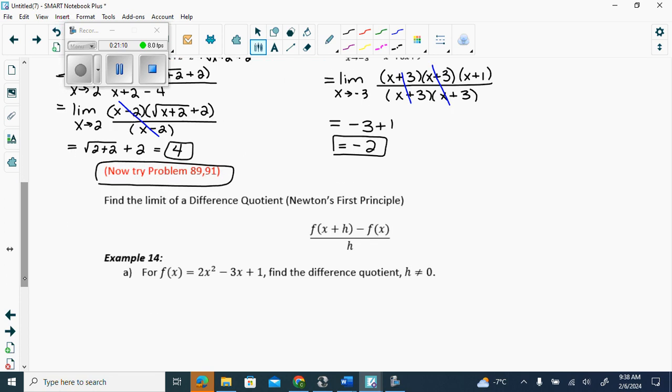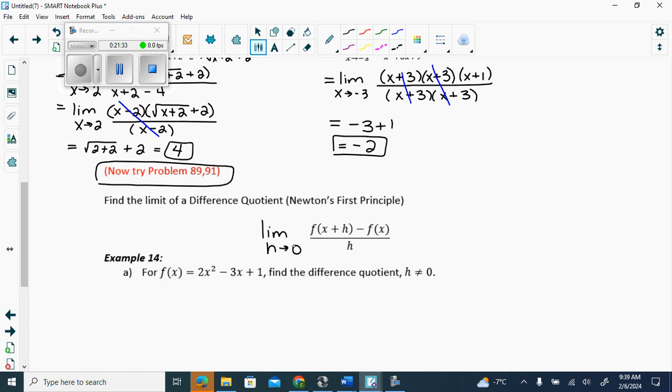So the next thing, the average rate of change, which is example 12, we're doing tomorrow. But we're going to go over these here, which is Newton's first principle. It's the difference quotient. We have already done this. The catch is, if I put the limit as h approaches 0 in front of it, guys, you're finding the derivative.